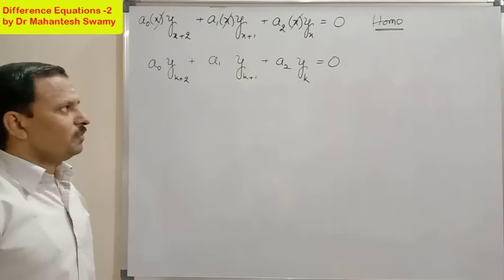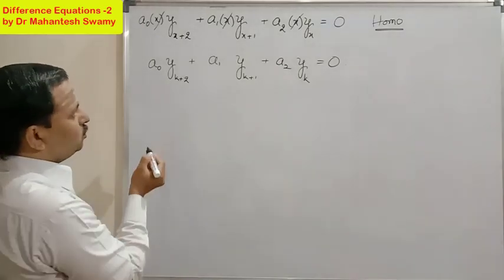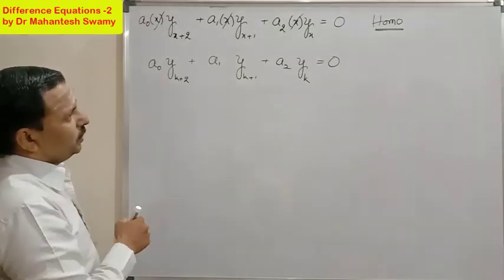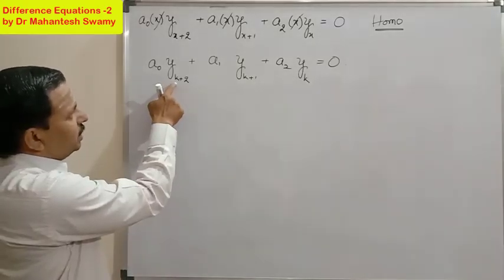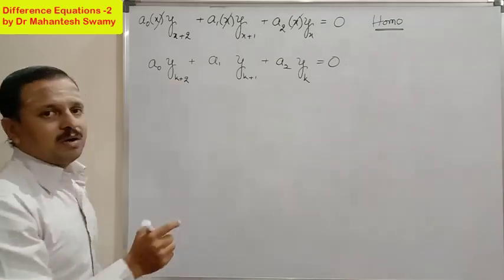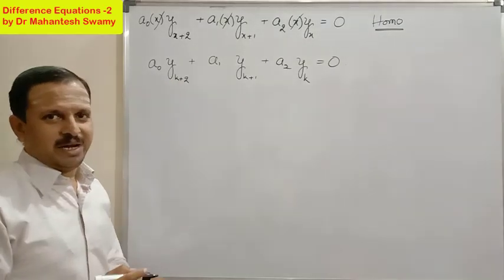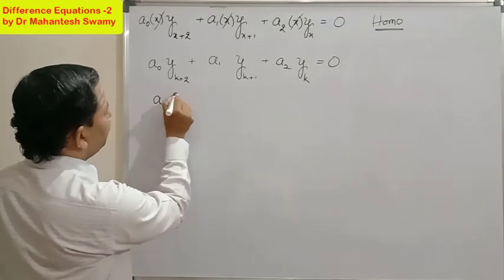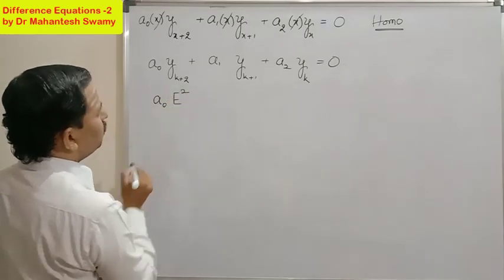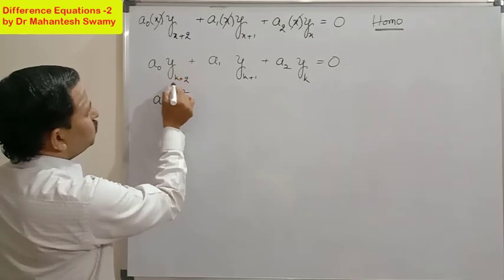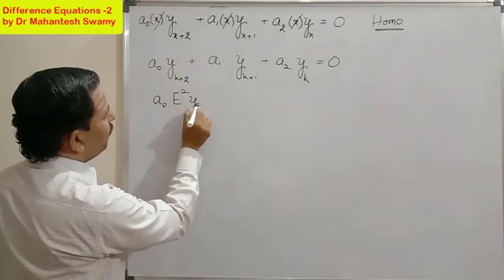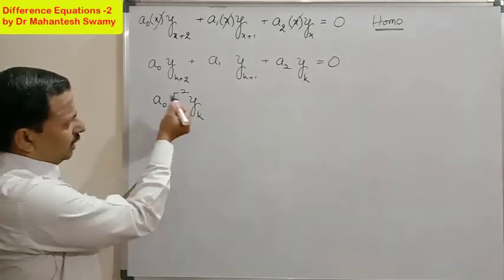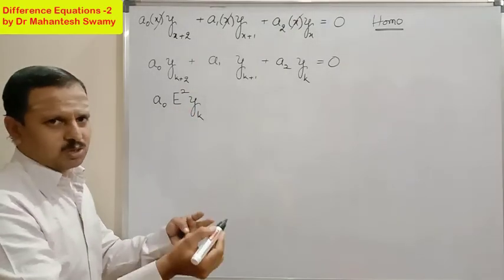What is the first step? Before that, I want to tell you that this difference equation, written in terms of the shift operator, looks like a0 E squared, because in the previous video I told you that y(k+2) can be written as E squared y(k).